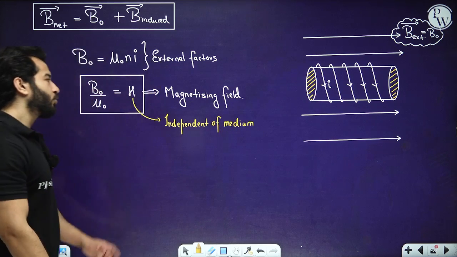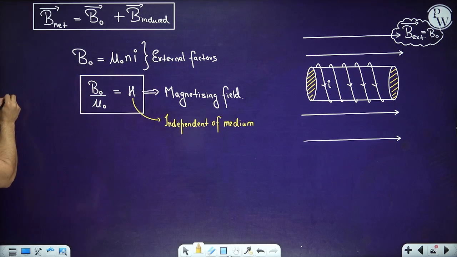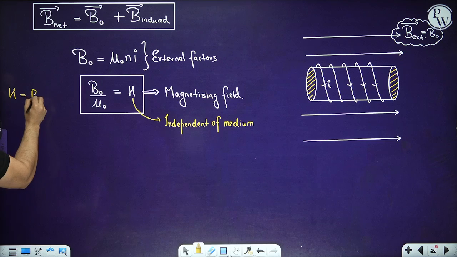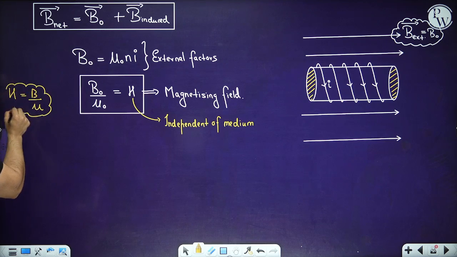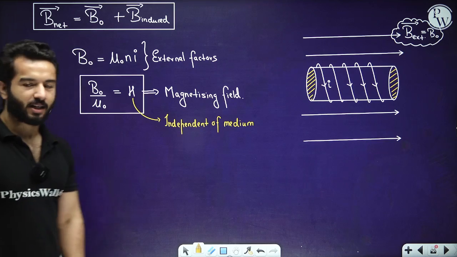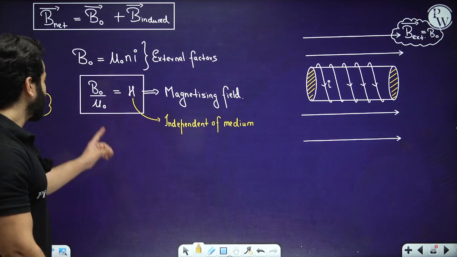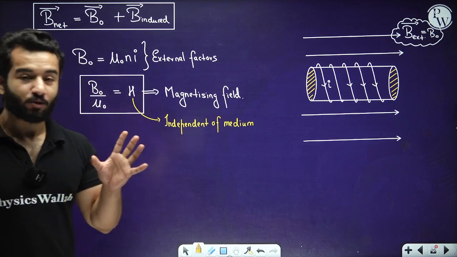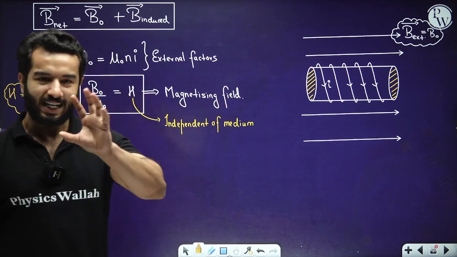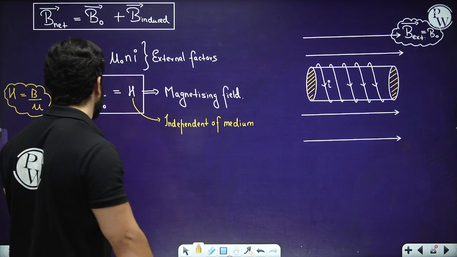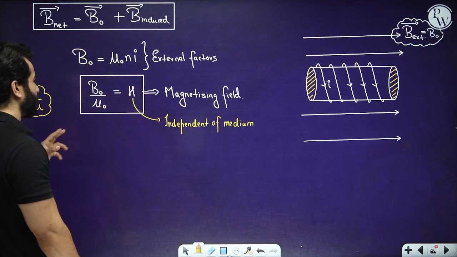Right? So if you are going to talk about any other medium, H can be written as magnetic field at that point divided by the absolute permeability of that medium. This can be written like that also. So this was the internal factor, this was the external factor that we are talking about. H is considered as a magnetizing field. By the way, what's going to be the unit for H?